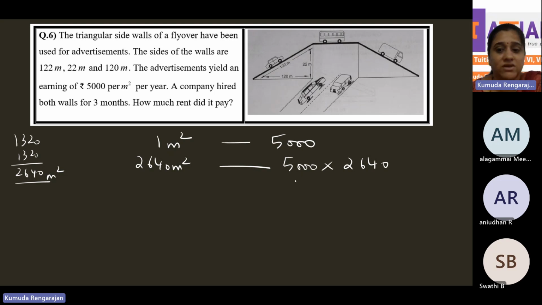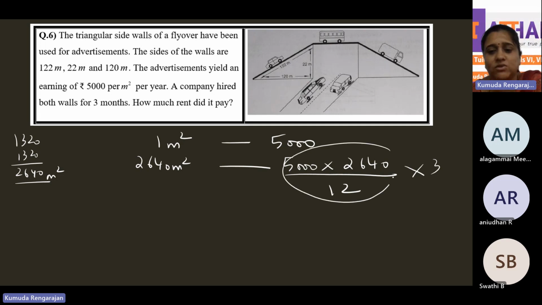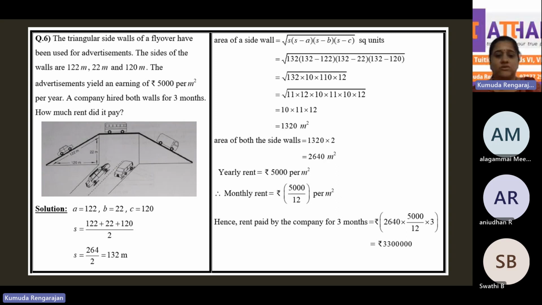How will you find for 3 months? This is the cost for 12 months, so divide by 12. Now this is the cost for 1 month. Now multiply this by 3, so you will get for 3 months. Understood?